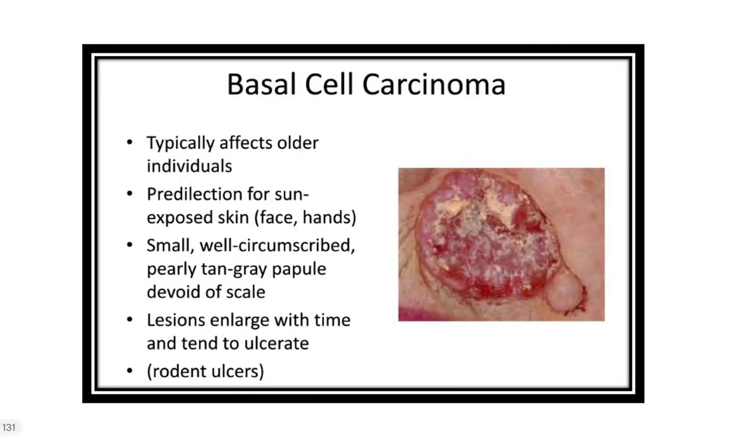Another picture showing the basal cell carcinoma. It occurs usually in older people and in sun-exposed areas such as the face and hand.